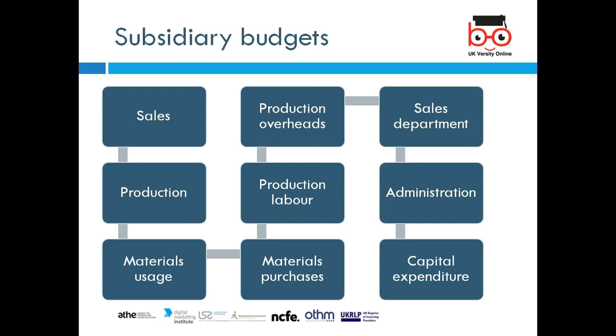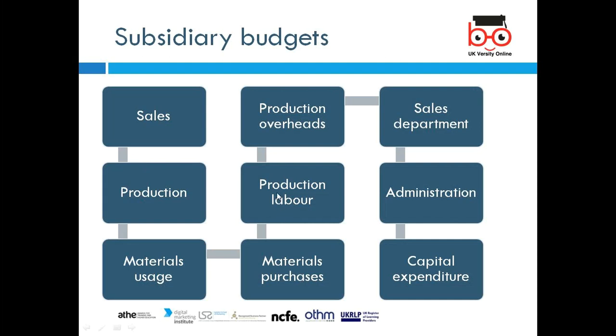Subsidiary budgets: sales, production, overhead. Sales is the first step. Then we have the production budget, material usage budget, material purchase budget.